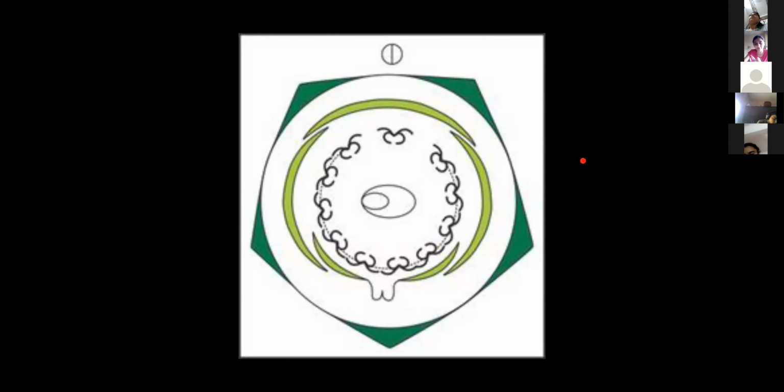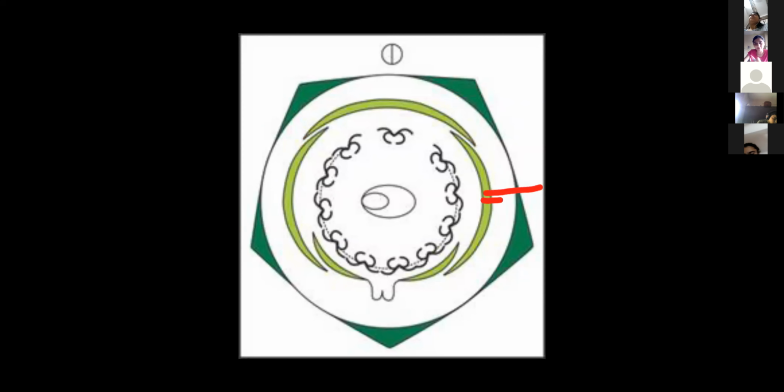Next. After that, one more thing about the petals. We have discussed this in vexillary estivation. This one is actually the largest petal. Remember that name? The largest petal we call the standard or vexillum, correct.